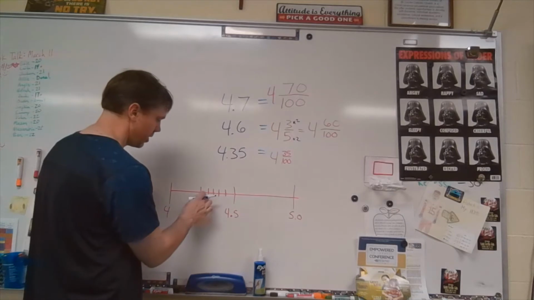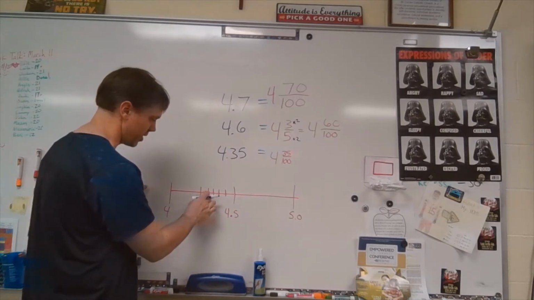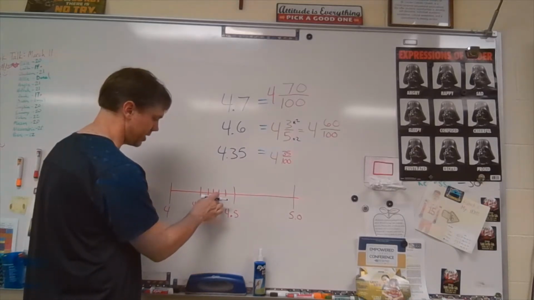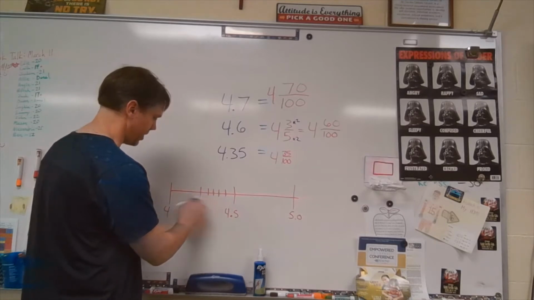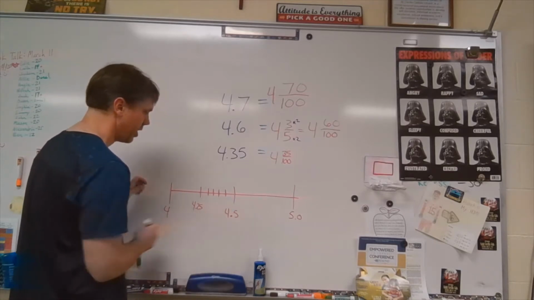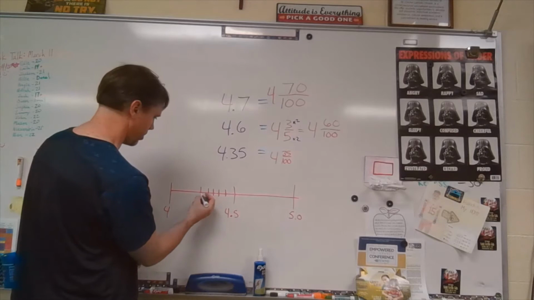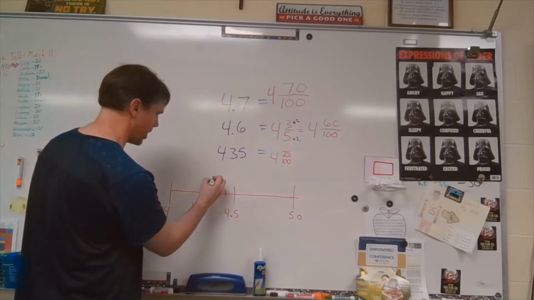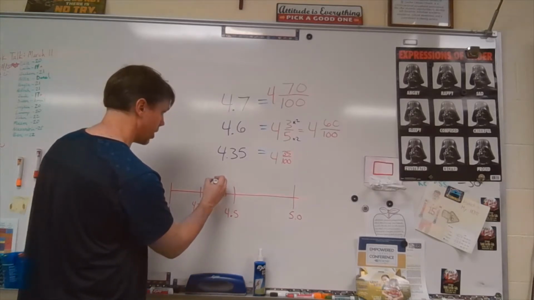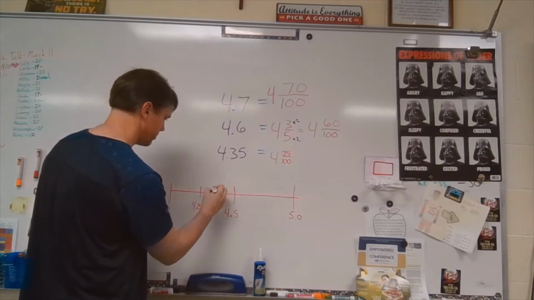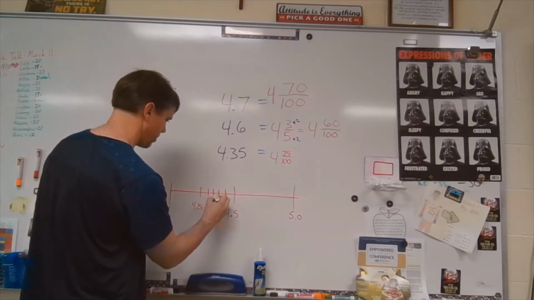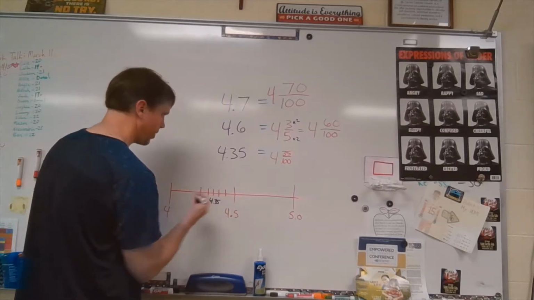So that's 4.30, 4.35, 4.40, 4.45, 4.50. So we go 30, 35. It's going to be right here, 4.35. That's that number.